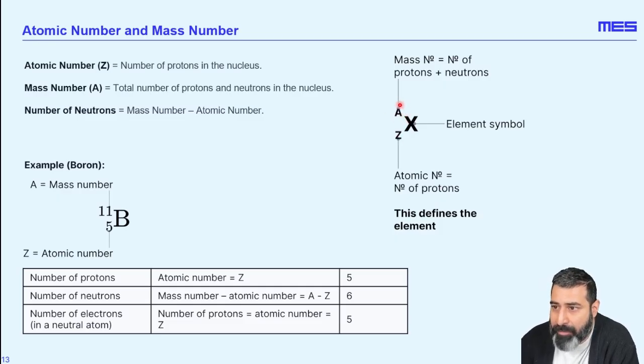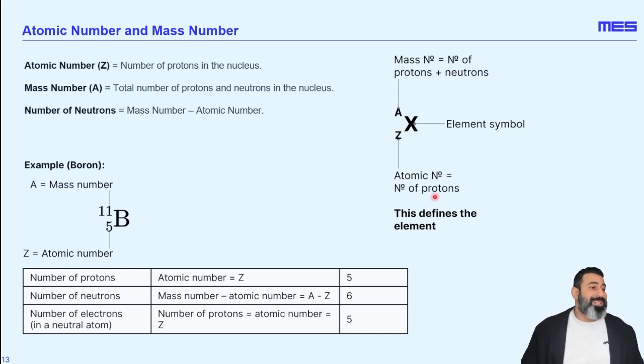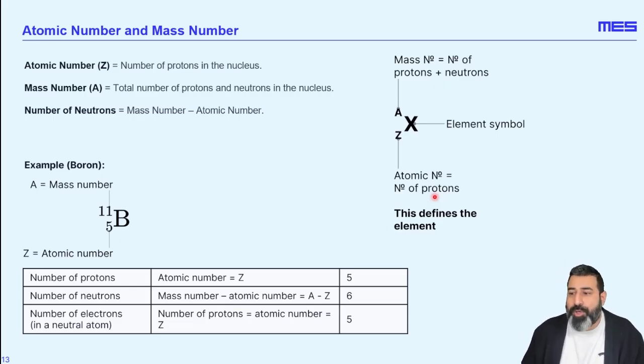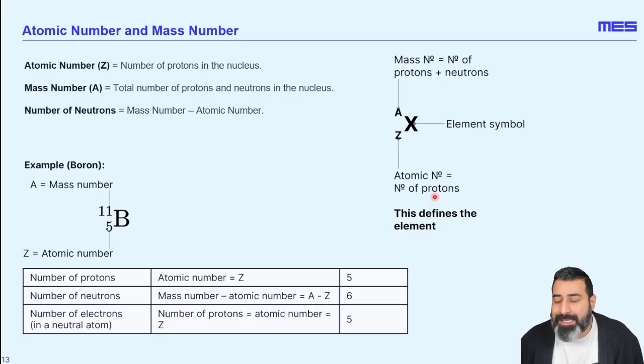Usually the mass number is at the top, and the mass number is defined as the sum of the protons and the neutrons. The smaller number, usually at the bottom, is the atomic number, which is the number of protons. That's given to us for free in the periodic table. And remember, the proton number defines which element we have. If that is 3, then the element is lithium and it can't be something else. If that proton number changes, it's a different element.